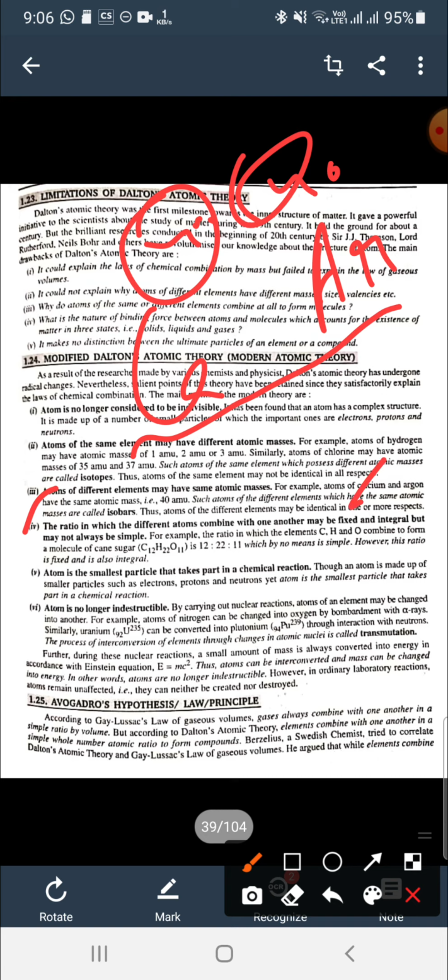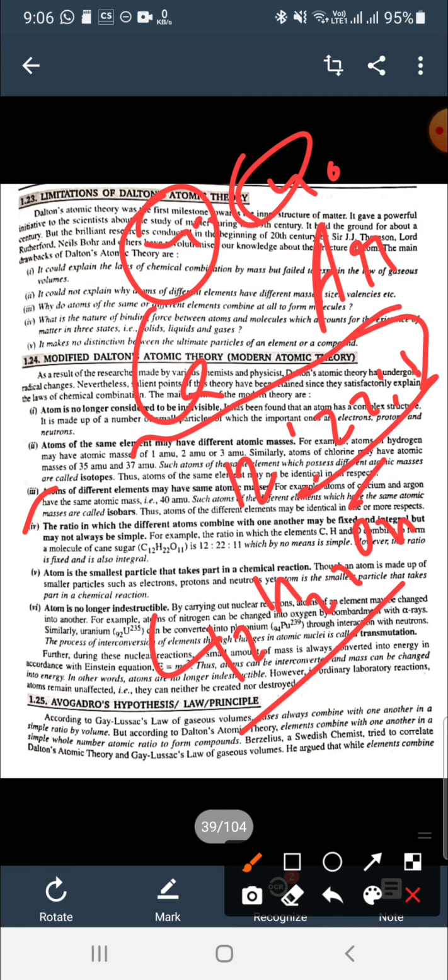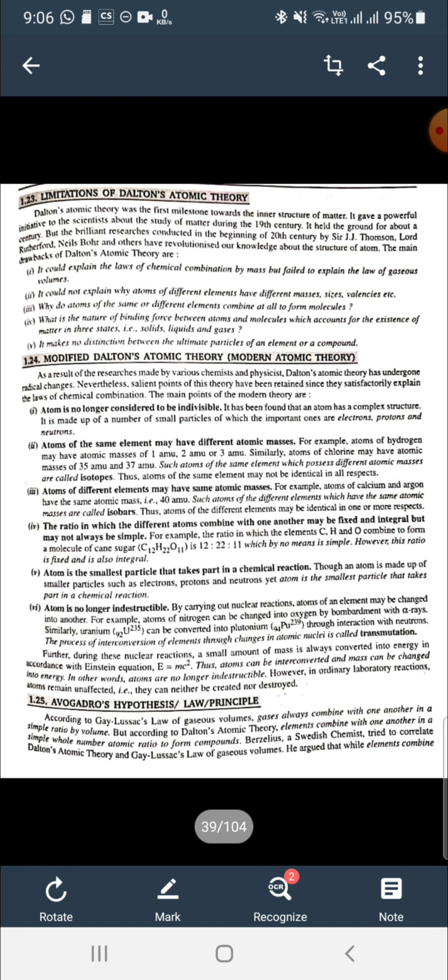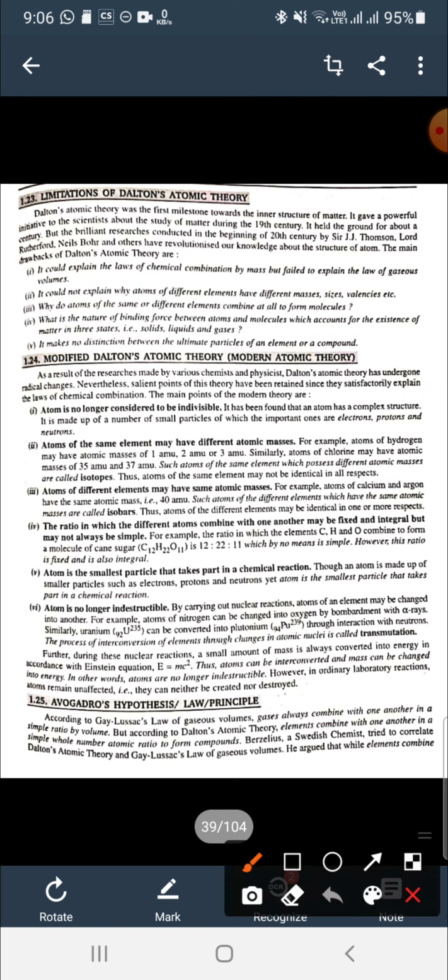So you can see the ratio in the sugar molecule C12H22O11 is 12:22:11. This is not simple. So sometimes it is not necessary for it to be simple. It may be fixed or integral, but it may not always be simple.